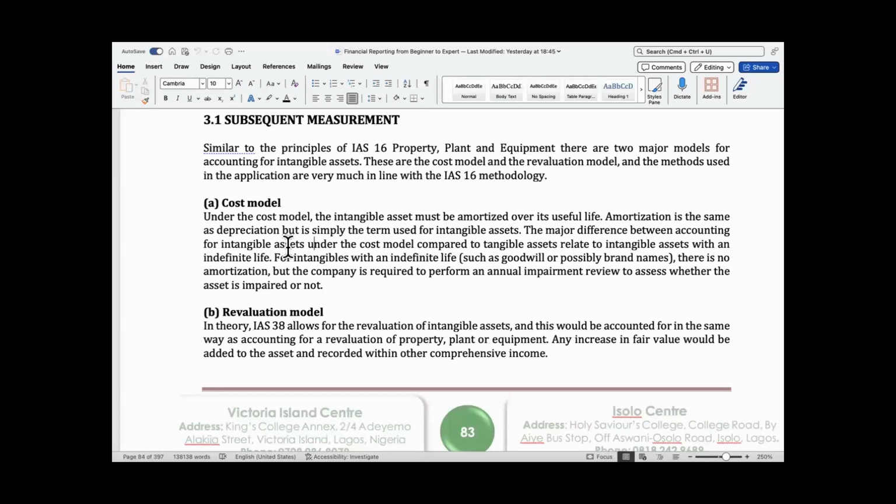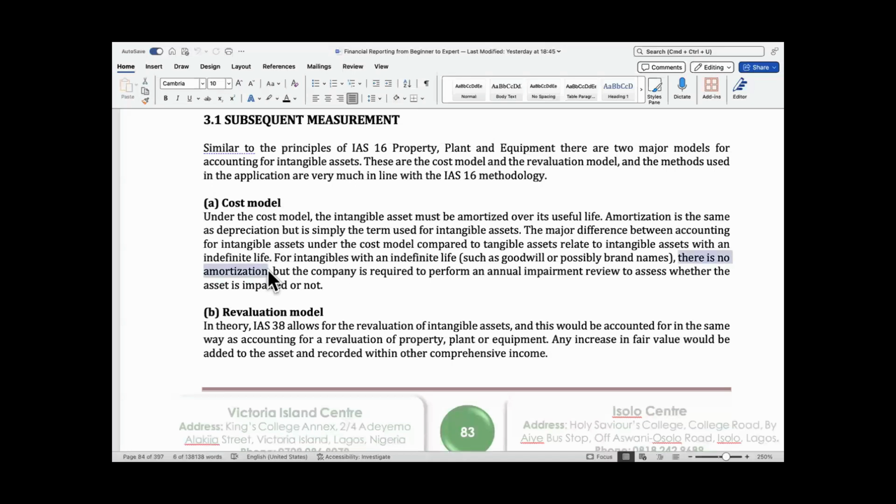Similar to the way we don't depreciate land because we cannot estimate its useful life, we will not amortize such intangible assets. So for intangible assets with an indefinite life, there is no amortization.